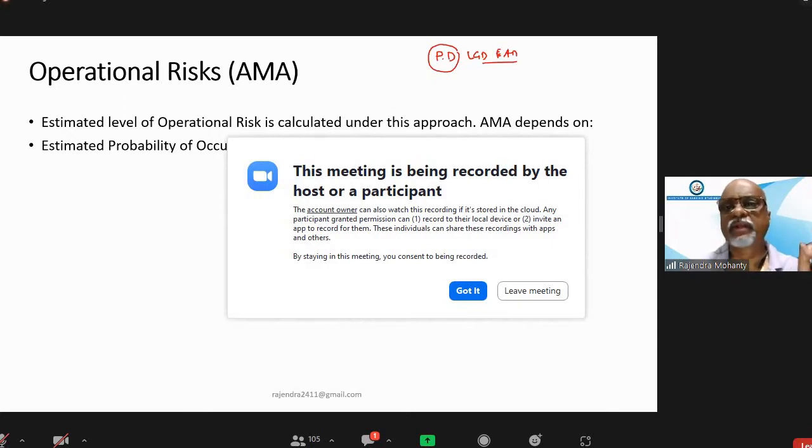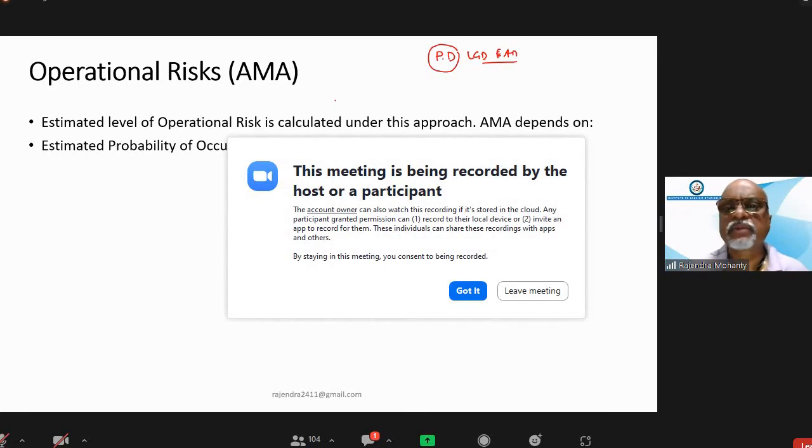Whatever the probability of default was there in credit risk, the same thing is called probability of occurrence. Means this is calculated based on historical frequency of events or occurrences, and from this the likelihood of the future occurrence or future happening is calculated or estimated by the bank.